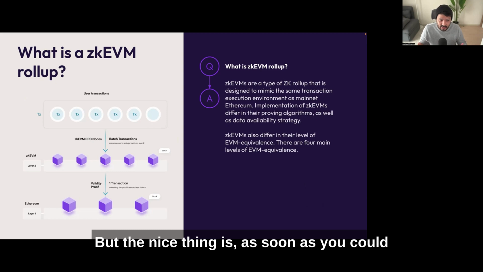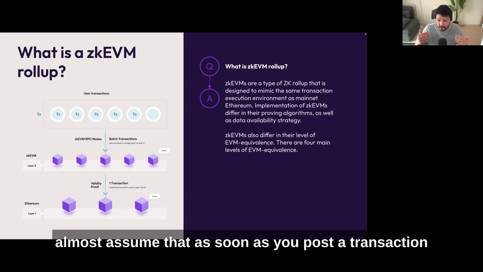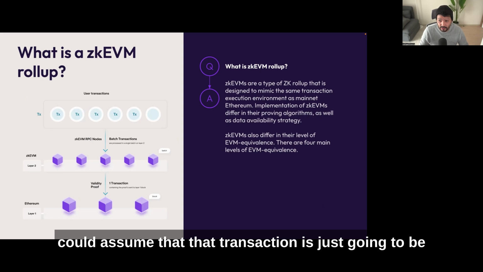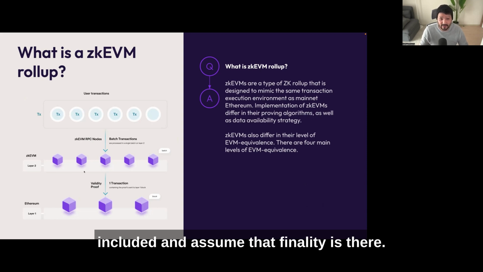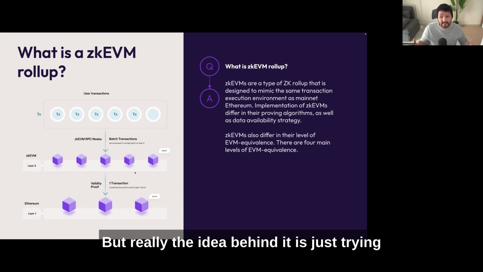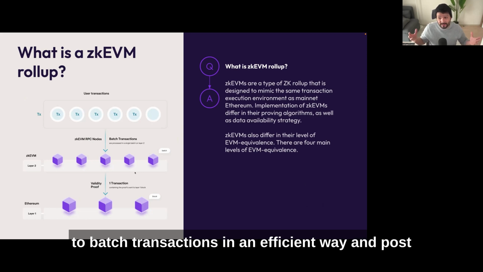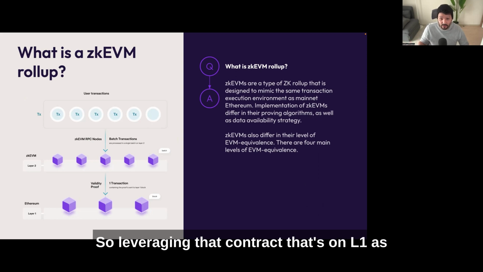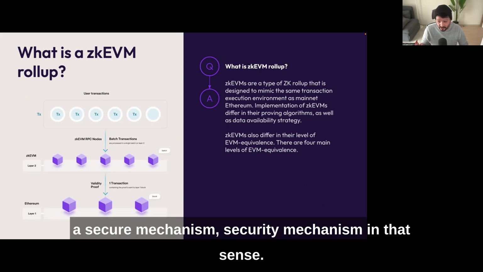But the nice thing is, you can almost assume that as soon as you post a transaction through zkEVM to the sequencer, or just zkEVM in general, you could assume that transaction is just going to be included and assume that finality is there. But really, the idea behind it is just trying to batch transactions in an efficient way and post the result on Ethereum and how it got there. So leveraging that contract that's on L1 as a security mechanism in that sense.